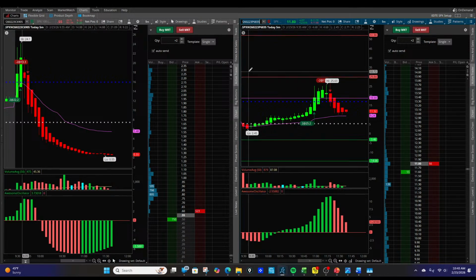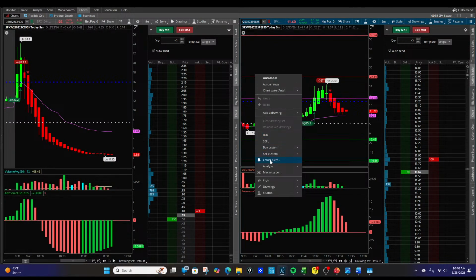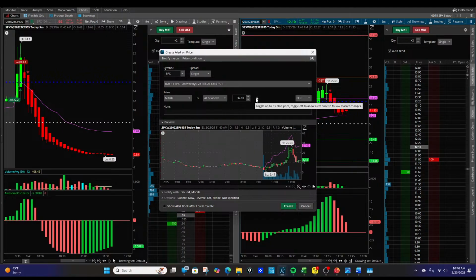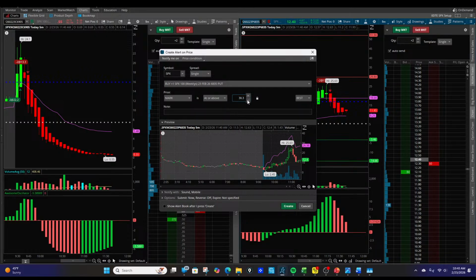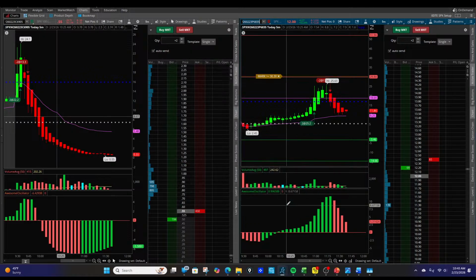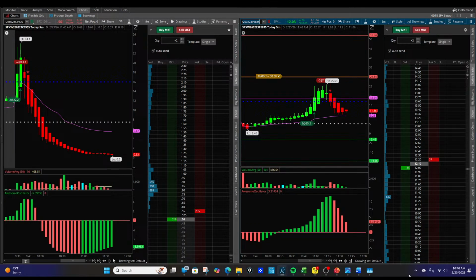Actually, I'm changing this. I'm putting the alert at what I needed to have gotten 1,000, and so that would be 30.30, which is slightly above that resistance line. Now I feel pretty confident that if the candles stay above the VWAP, it is going to continue to go back up again.